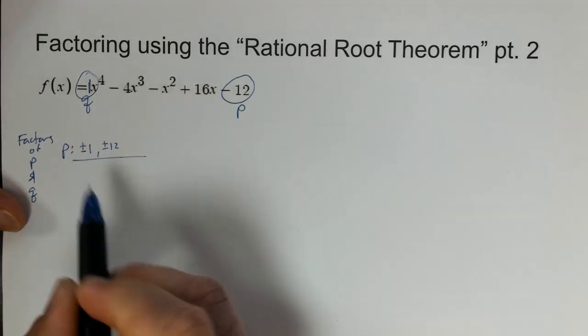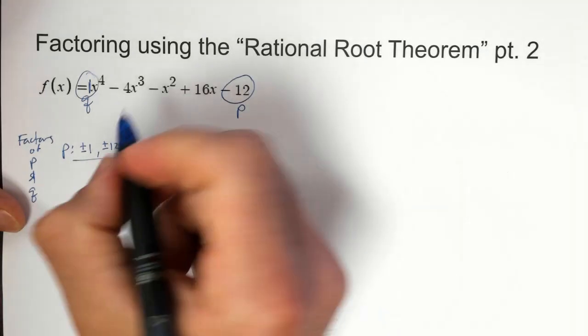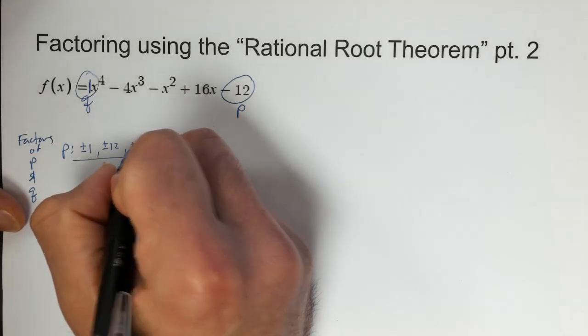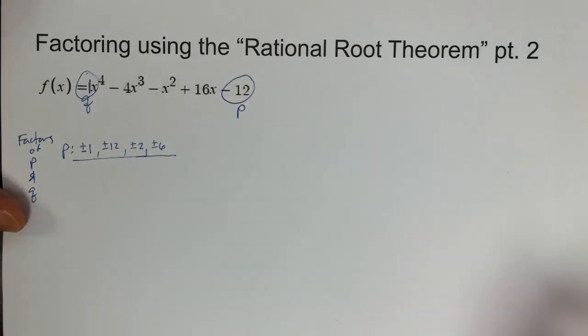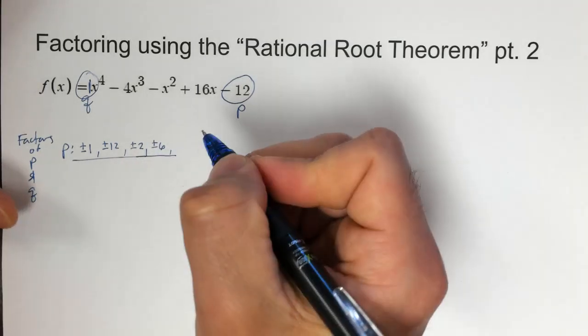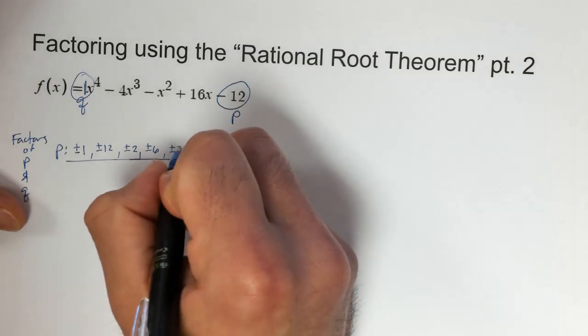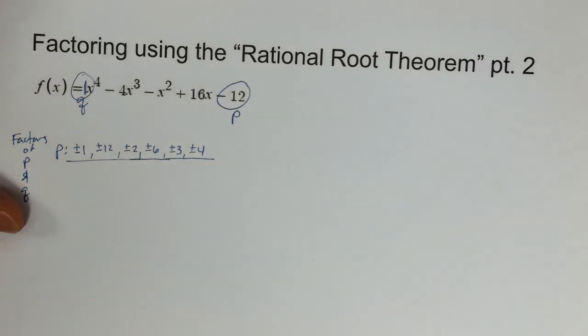I could do 1 times 12, or 1 times negative 12, or negative 1 times 12. I can look at plus or minus 2 times 6. As long as one of those is negative, I can get a 12, so negative 2 times 6 or 2 times negative 6. I can also multiply 3 times 4, so plus or minus 3, plus or minus 4. These are all the possible factors of 12.